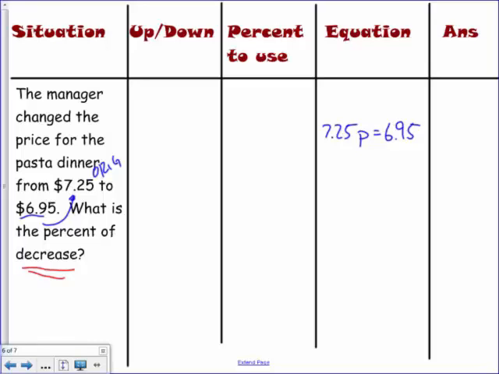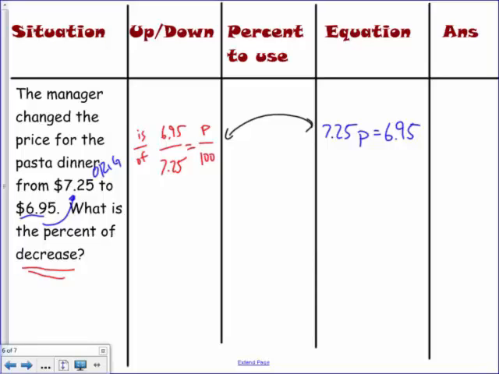And I'm just going to set up that percent proportion over here. So is over of, or part over whole, which would be $6.95 over $7.25, equals the percent, which I don't know, over 100.